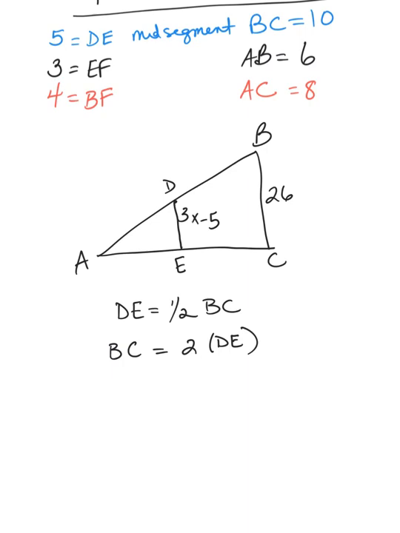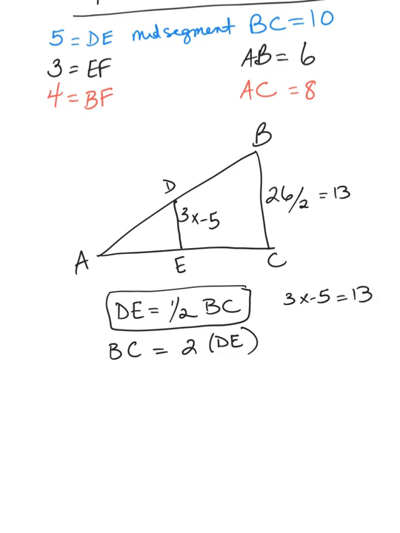If I do DE is equal to 1/2 of BC, I would have to take half of BC. So 26 divided by 2 gives me 13. That means 3x minus 5 equals 13.